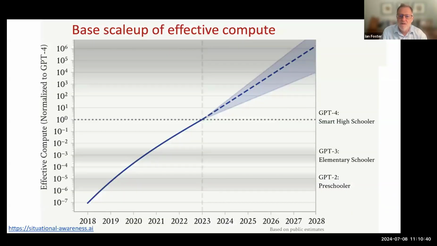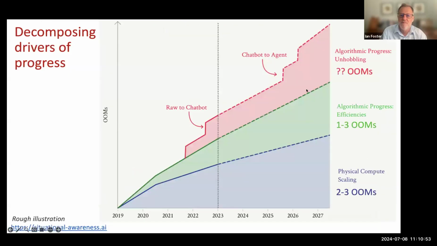Okay. So interestingly, then the report goes on to say, well, what's going to happen next? And this is what we collectively should be preparing for. So over the next 5 years, how much more improvement are we going to get? So he claims physical compute scaling will tail off a bit. Algorithmic progress, we assume, will continue to improve.